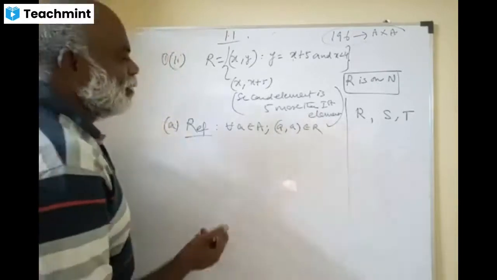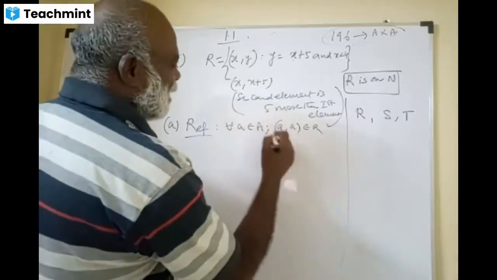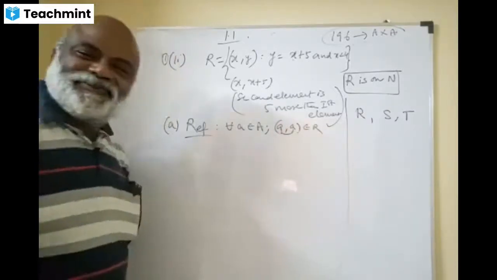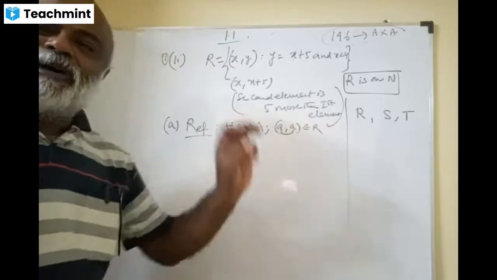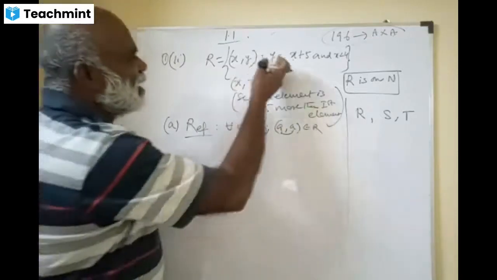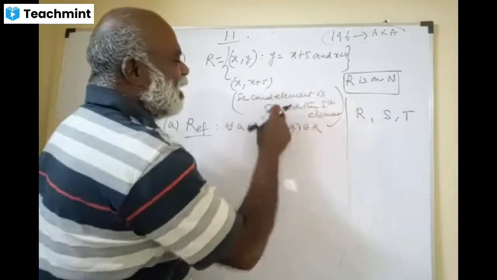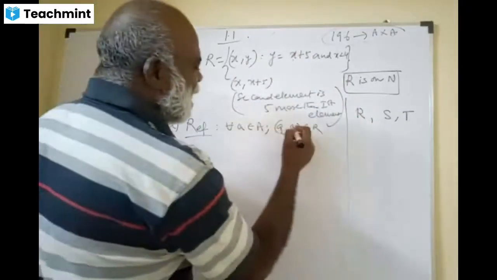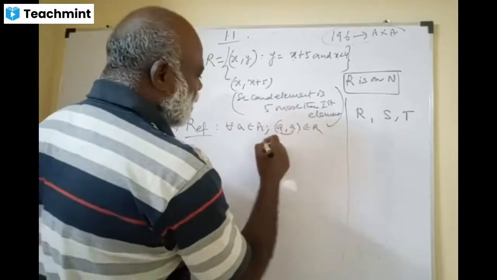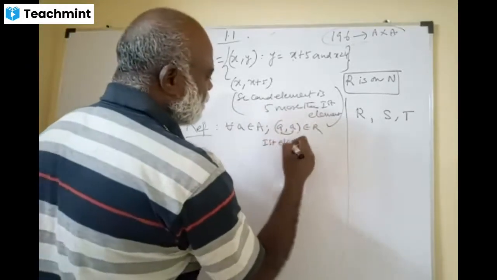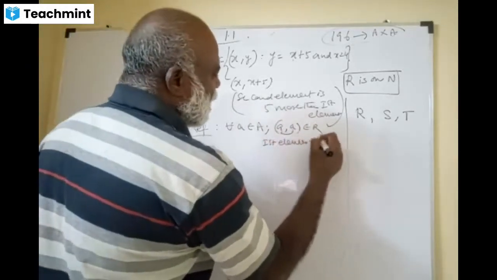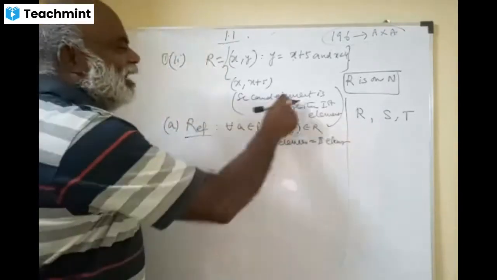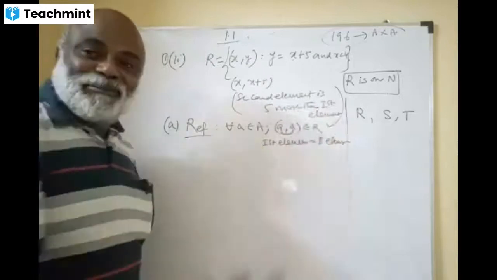If I write a comma a, they both are equal, right? Reflexive demands they both must be equal. But the relation is asking the second element to be 5 more than the first element.